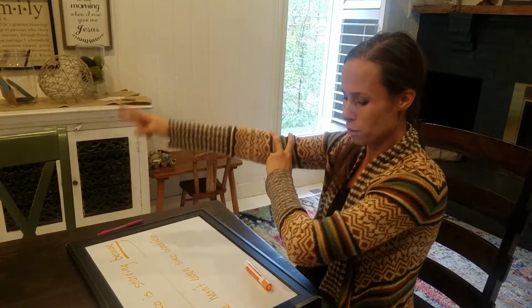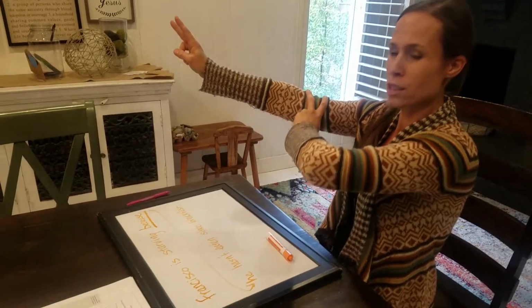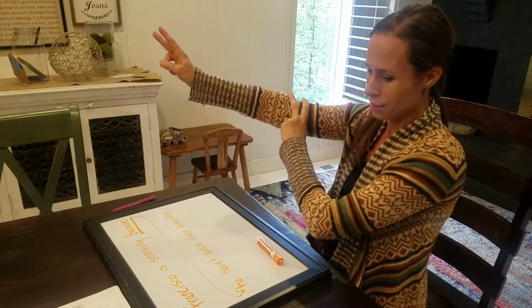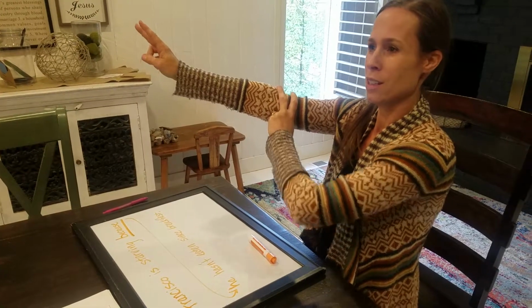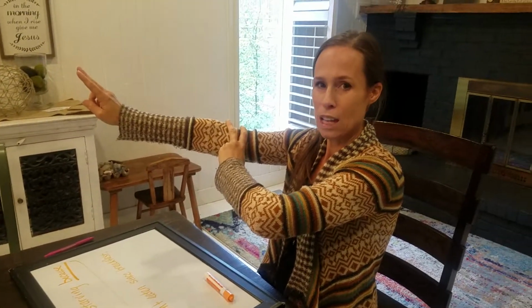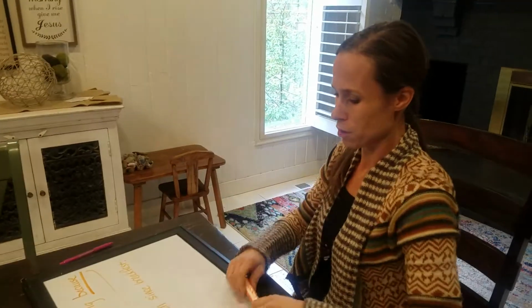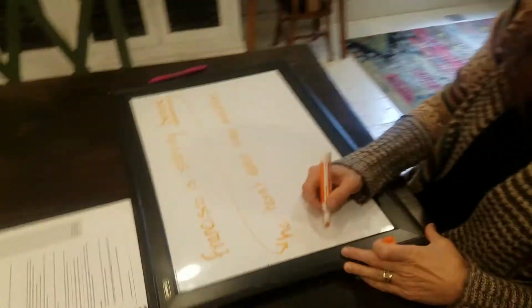So we could totally switch these and say, because he hasn't eaten since breakfast, Francisco is starving. If you swap the order, that's when you need the comma. So we could write this.